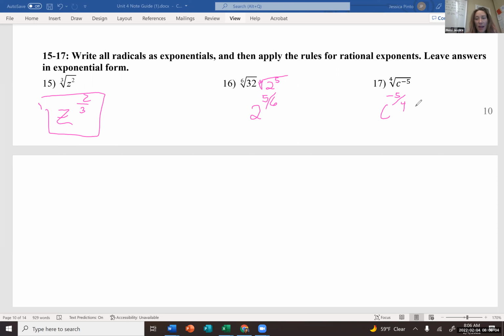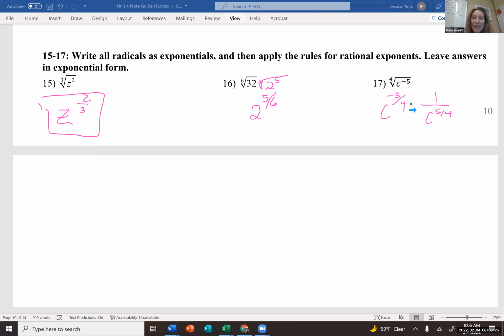And then I'm going to evaluate that. So, this one is not fun. Let's take care of the negative first. So this is 1 over c to the 5/4.